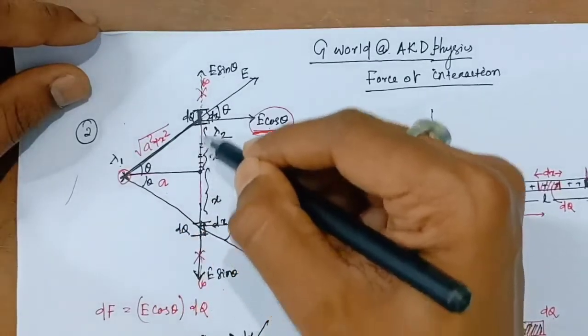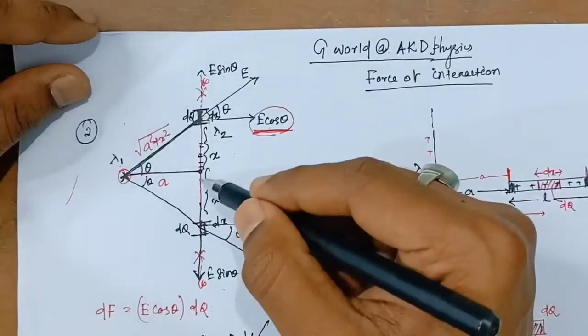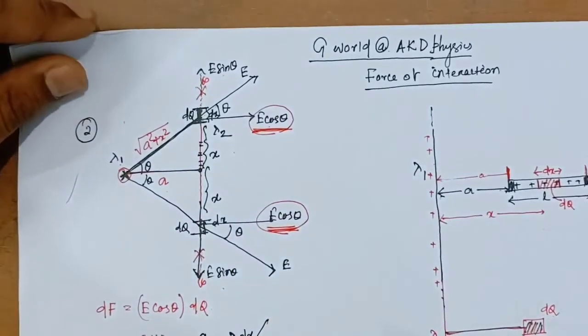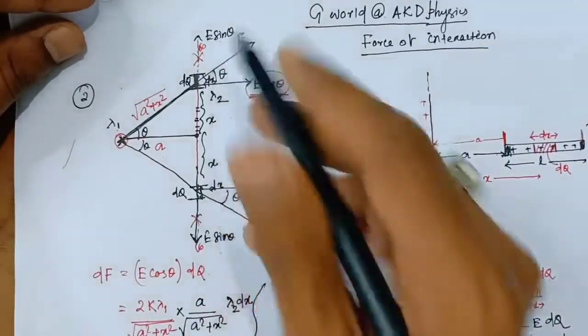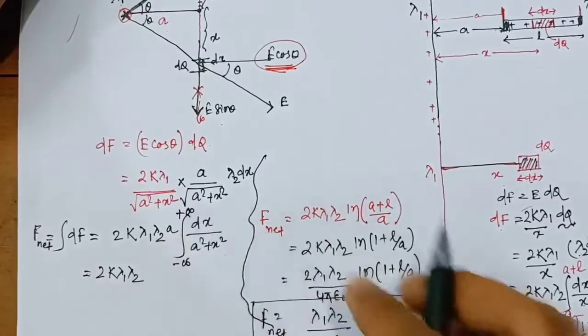If I go in this line, the element is 0 to plus infinity. If I consider the element in this line, this is 0 to minus infinity. So a student must be very aware, the limit should be minus infinity to plus infinity.